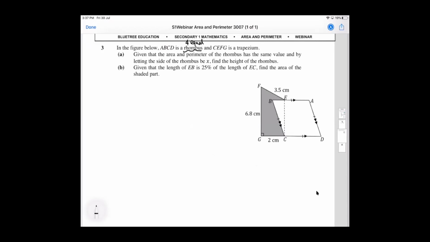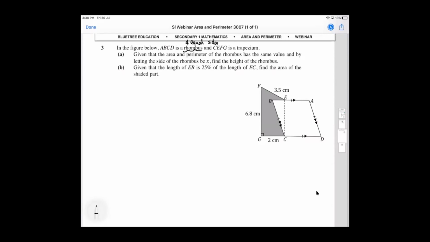Whenever we see a rhombus, recall all the key characteristics: 4 equal sides, and the diagonals bisect the interior angles. Something you need to remember. And the diagonals are perpendicular to each other. CEFG is a trapezium.